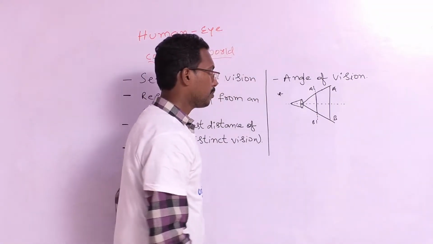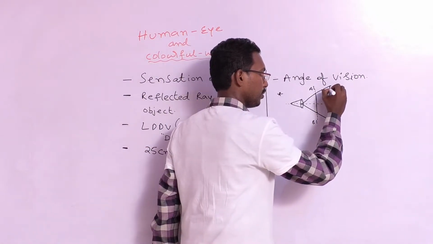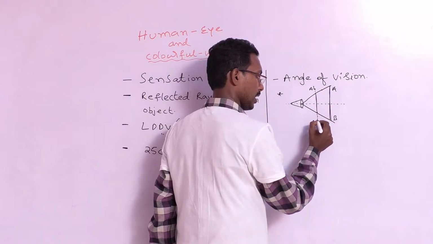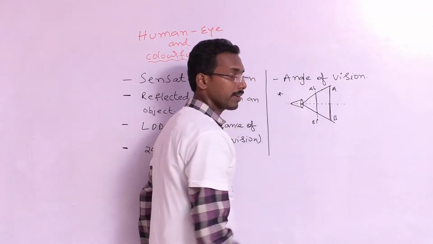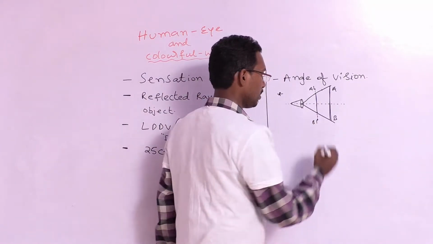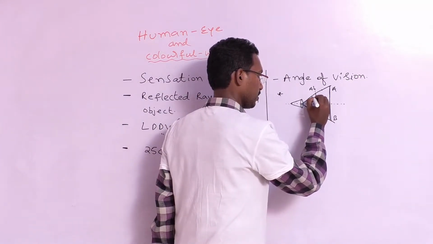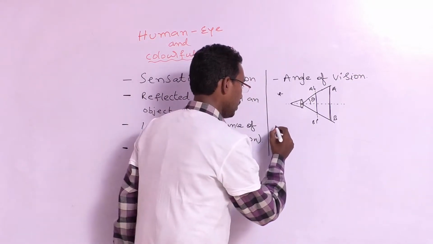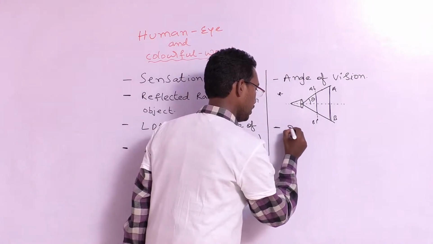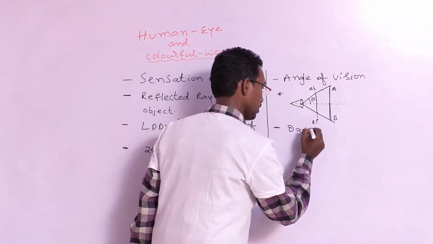A person is able to see the stick AB only. Even though A dash B dash has the same length as AB, we cannot see it. Why? Because it is much nearer to the human eye compared to stick AB. So this is known as angle of vision. The angle of vision for a human eye is approximately 60 degrees.